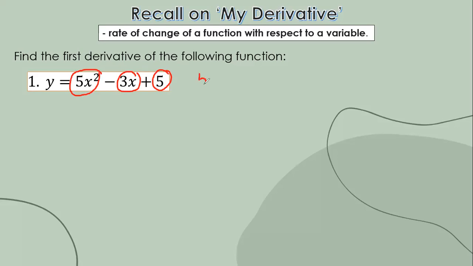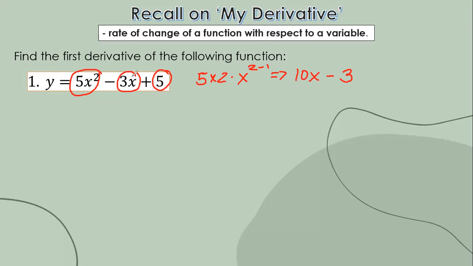That is, di ba, 5 times, bababa yung exponent, 2, then multiply x, then 2 minus 1. So, maminusan lang natin lagi ng 1 yung ating exponent. So, that is 10x. Alright? So, minus, dito naman, the derivative of 3x is 3.